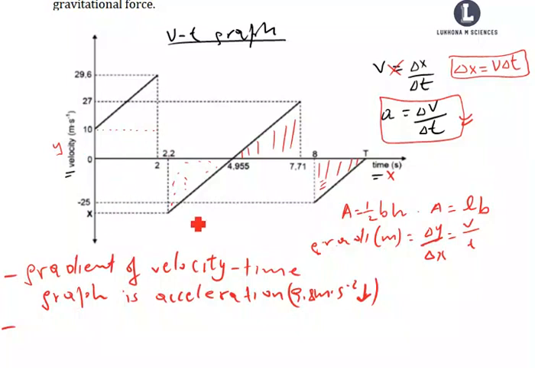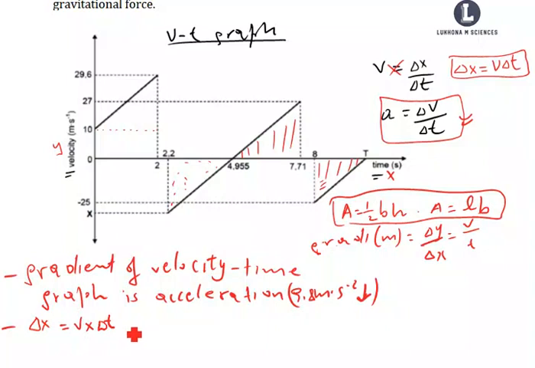Then another thing that I talked about is area. For area, you multiply two things. The base is the time and the height is the velocity, so we have v times time. So this is our base, that is time, this is our height, that is velocity. We get delta x there. So delta x is equal to v times delta t.